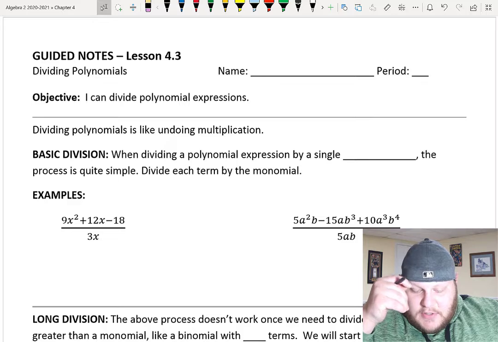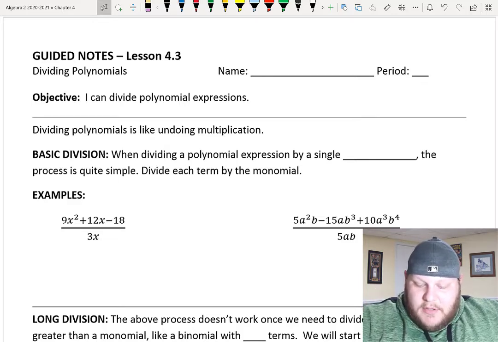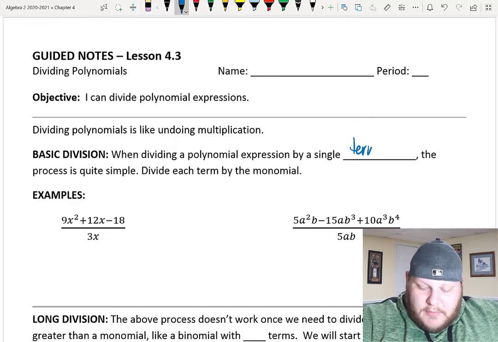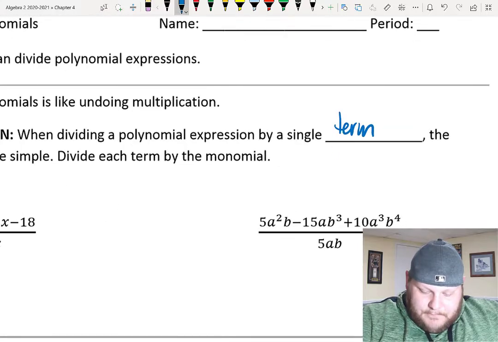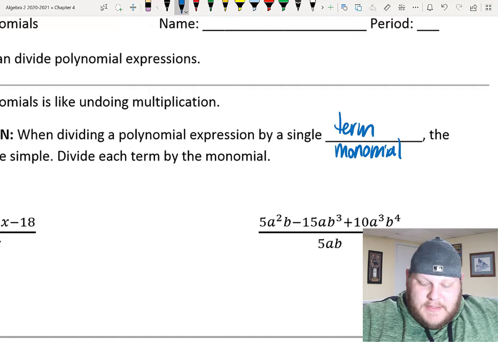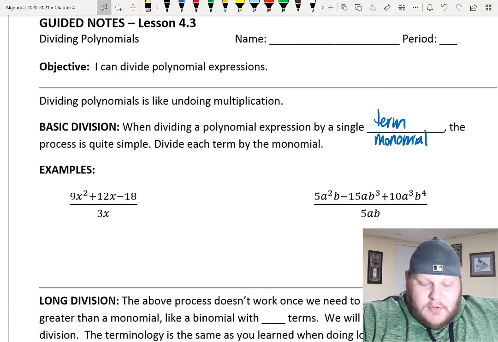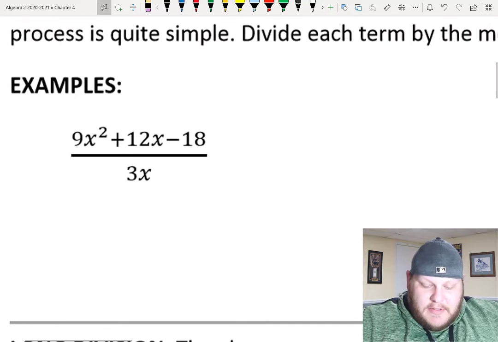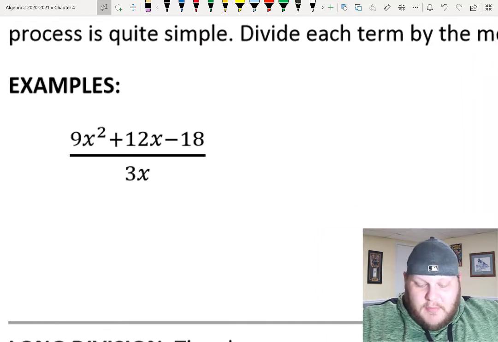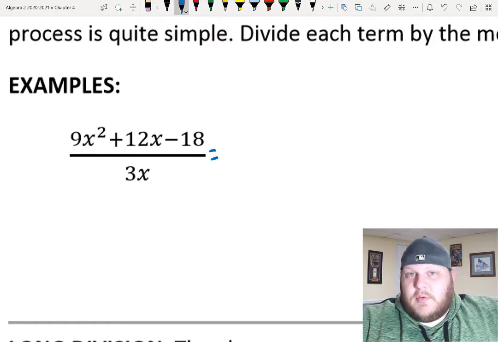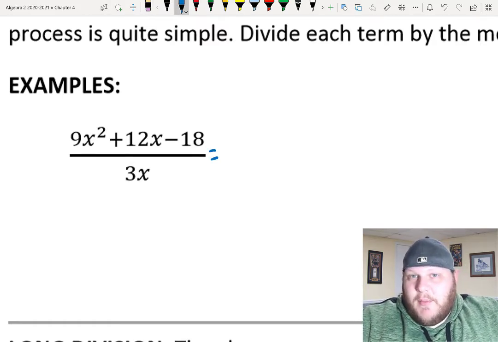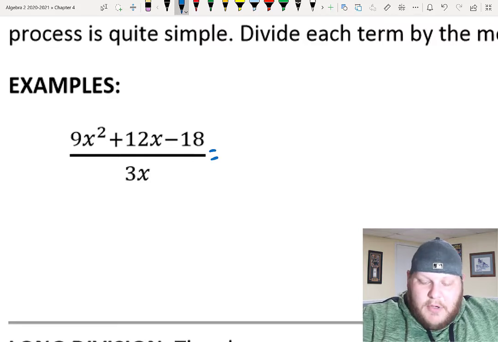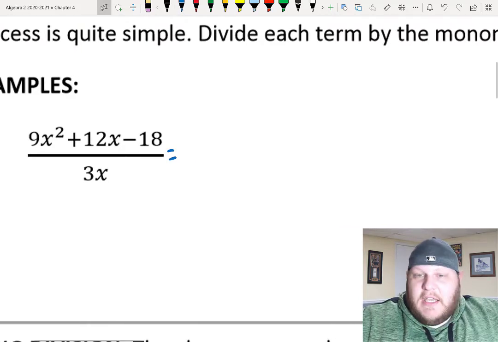So basic division is when you're taking the polynomial and you're dividing it by a single term or a monomial. This is the nicest one because if I'm dividing 9x squared plus 12x minus 18 by 3x, because of how fractions work, I can rewrite this as just three individual fractions.